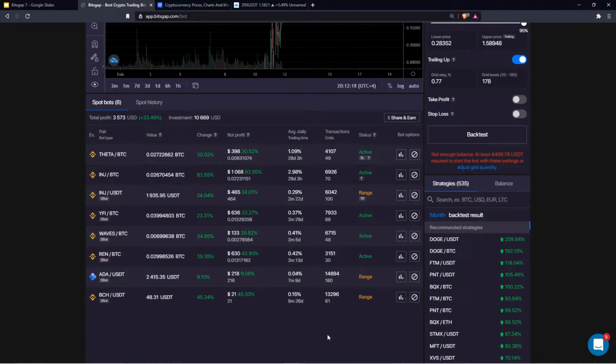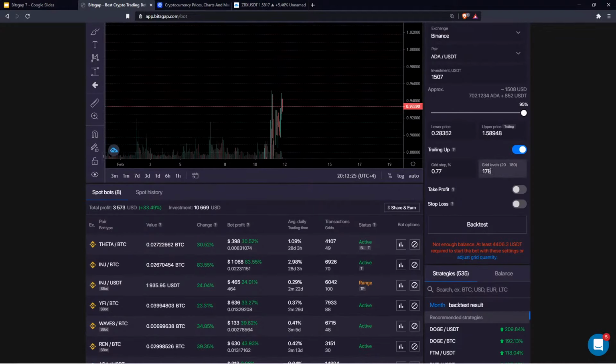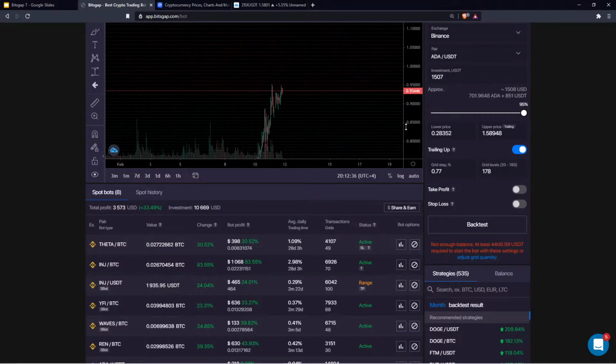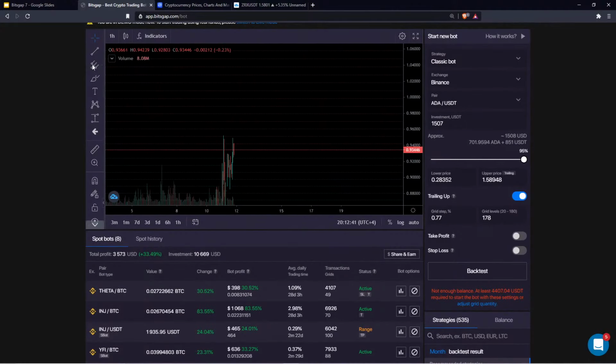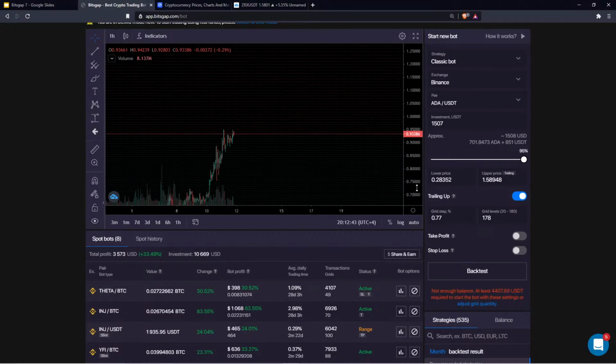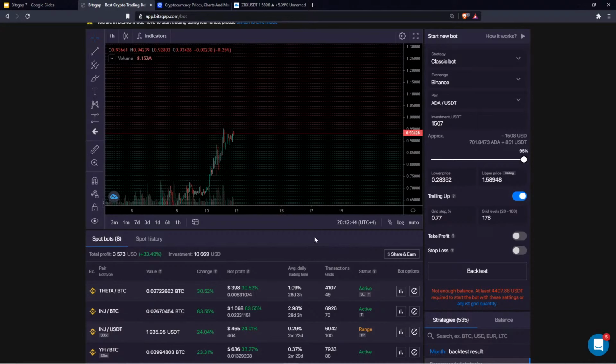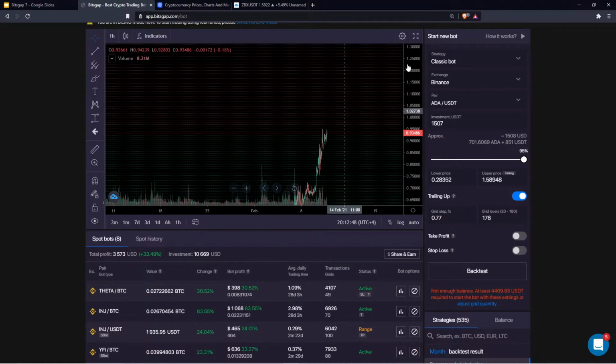And of course it also depends on the configuration that you set. The more grid levels you plot, the narrower is your trading configuration, basically the closer your grid levels are located to each other. That means that even more transactions will be executed by the bot.